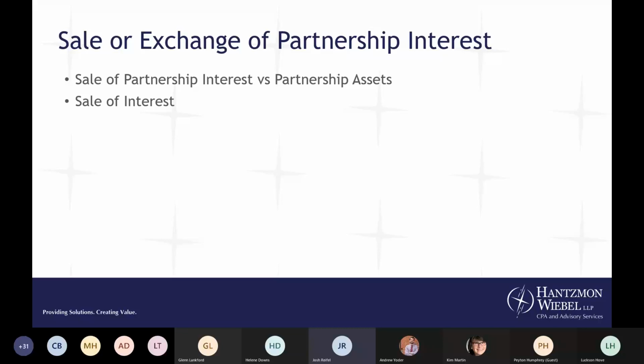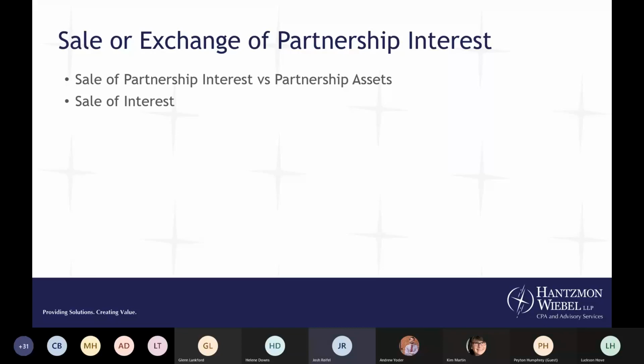Selling the partnership assets is an internal sale. That's the partnership itself selling whatever the partnership holds, property or whatever, to a buyer. Gains and losses are recognized at the partnership level and then allocated down to the partners via the K-1s, but the gains and losses are all calculated internally.